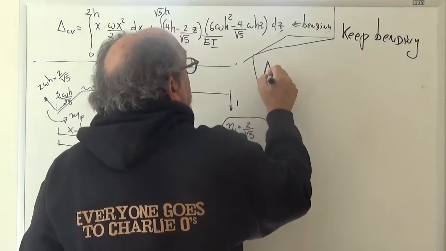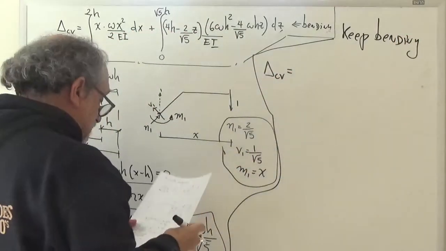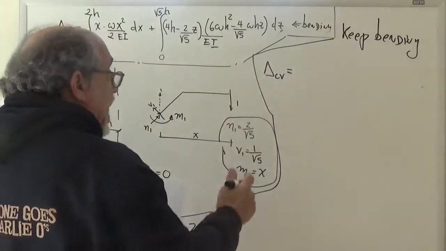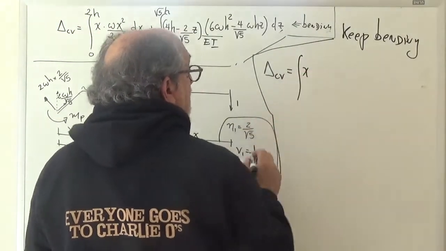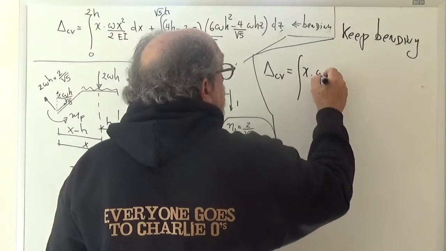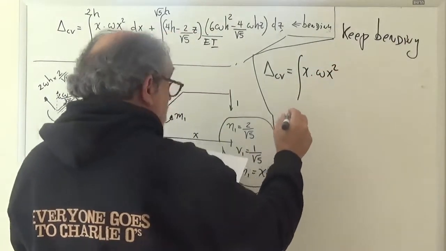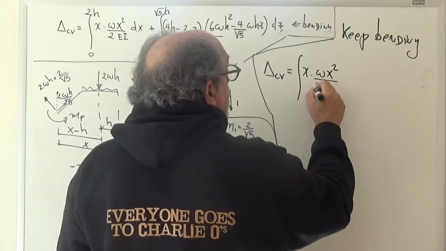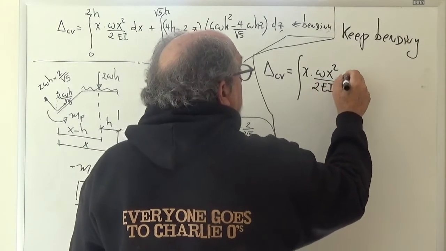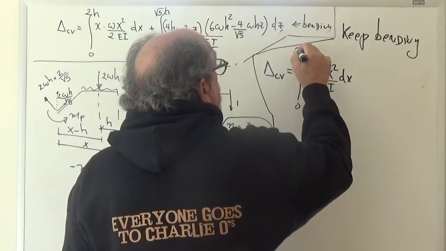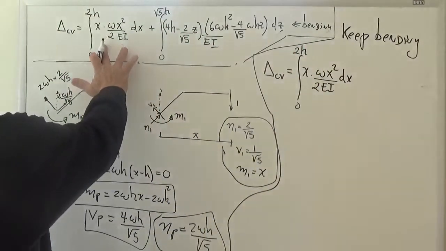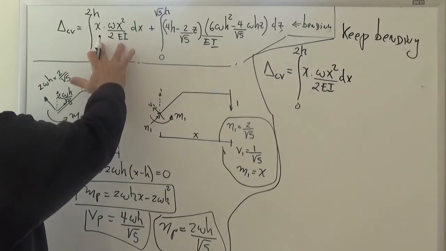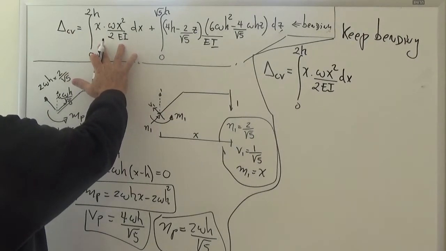So we have delta C in the vertical direction in this new version would be the integral of M1 MP, that is x times WX squared divided by 2, and then EI dx, and this was from 0 to 2h, right? Now that's just the same as before, because nothing changed on bar BC, right?